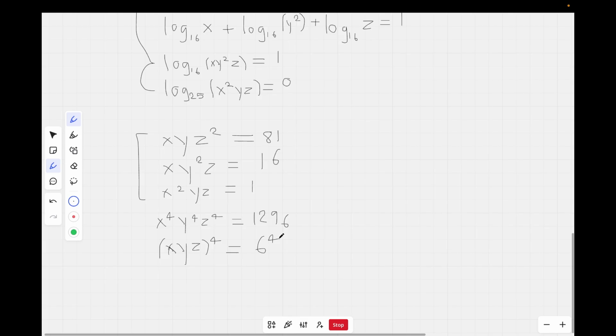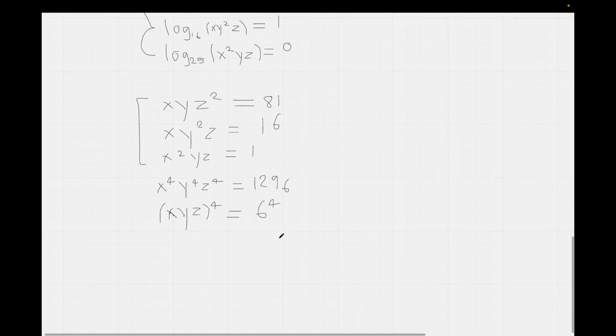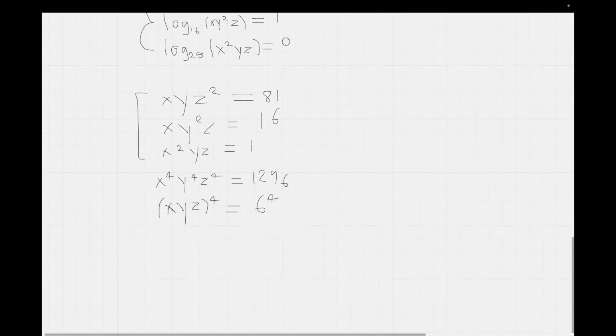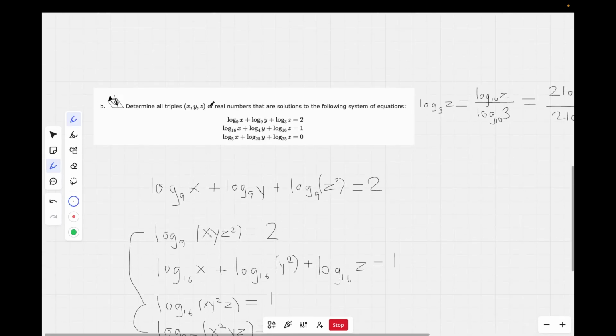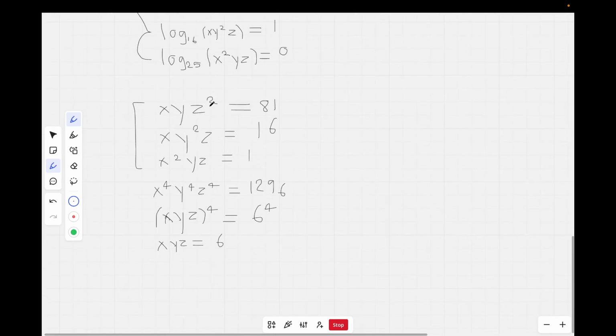Since we're not dealing with complex numbers, we don't really have to worry about any other roots other than xyz equals 6. Because x, y, z are real numbers, so we can't have any imaginary numbers going on to make any other roots for x, y, z.